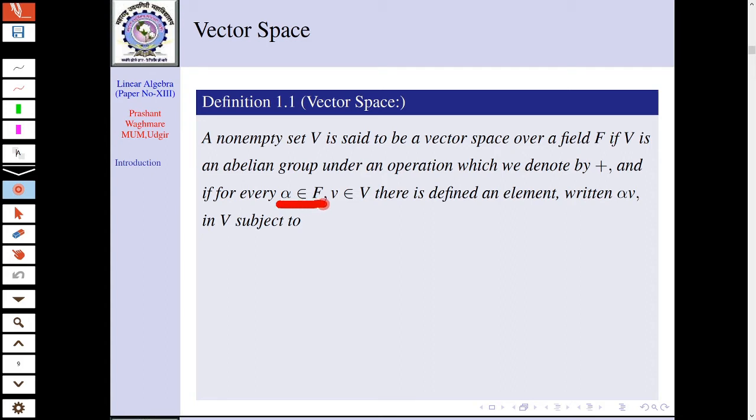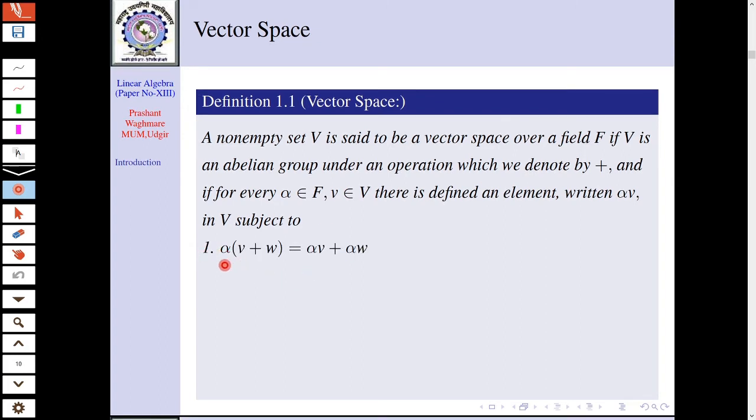Alpha is in F, which is a field here, and v is in V. Then we can define the operation between alpha and v, and the resultant element after multiplying alpha with v should be in V. That means if you take a scalar from the field and v from V, then their multiplication should be in V, and it should satisfy four other properties.